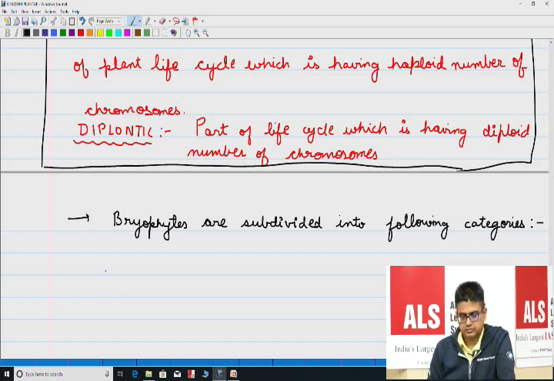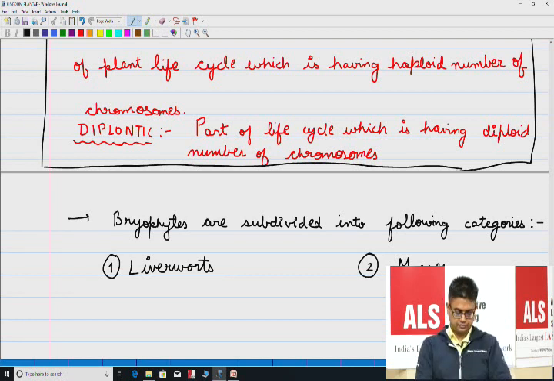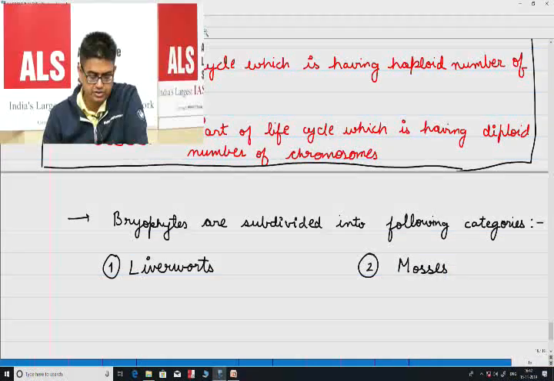One is liverworts, the other is mosses. First of all, we'll study about liverworts, then we'll study about mosses.